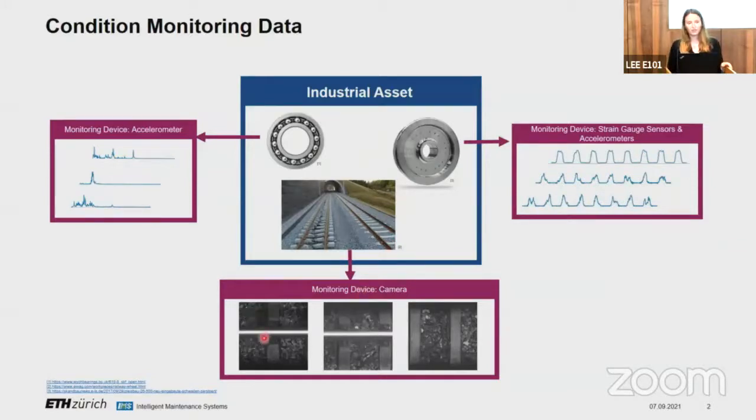And we see 3 images, and you can guess which are defect or not. 2 of them are defect. Or here we see some sensor response from strain gauge sensors, which monitor these railway wheels, and these sensors are fixed installed in the railway tracks.